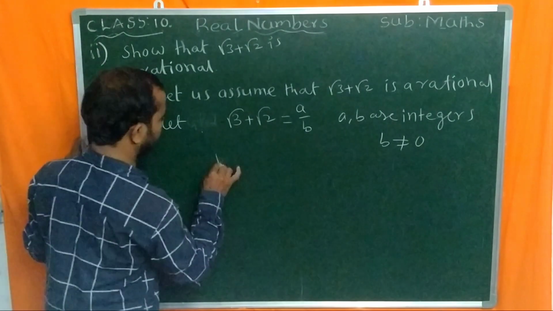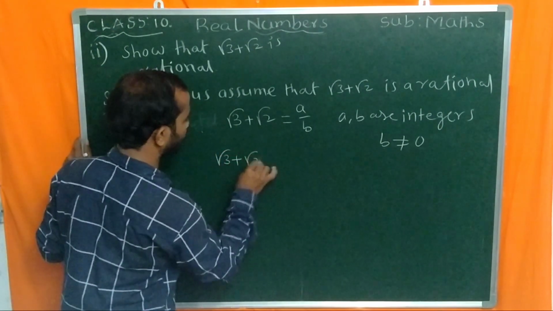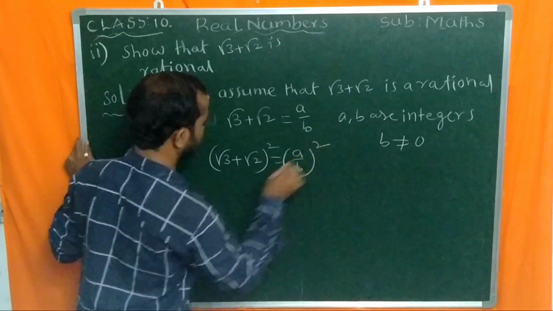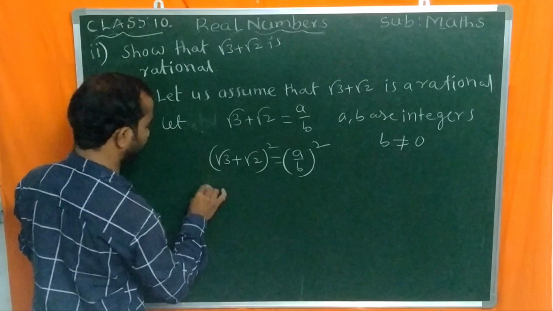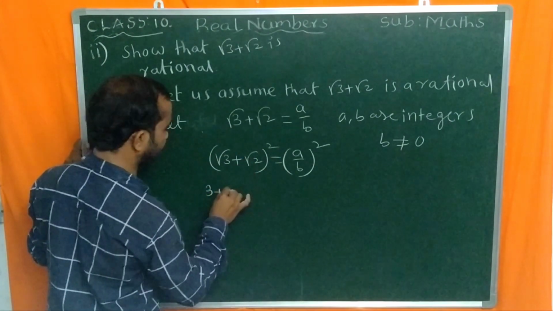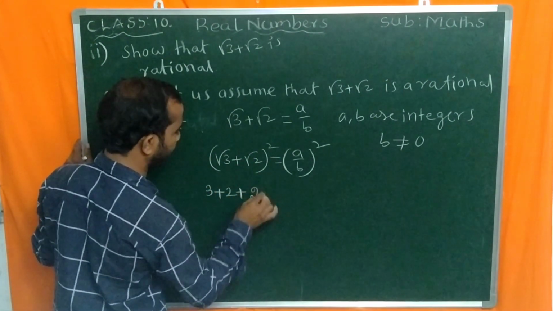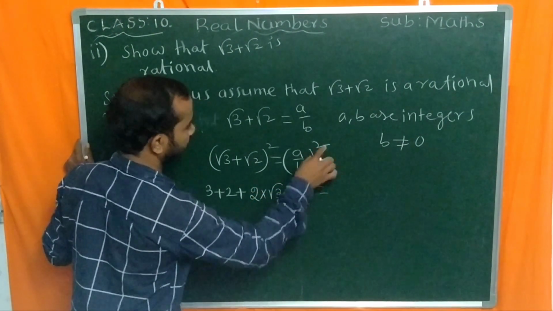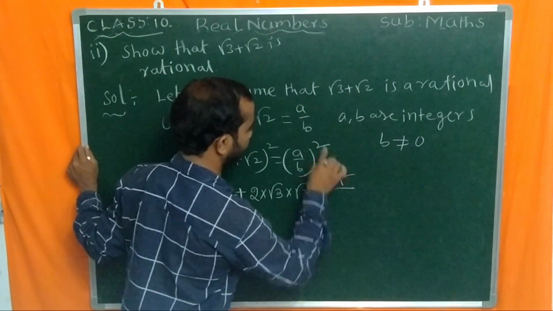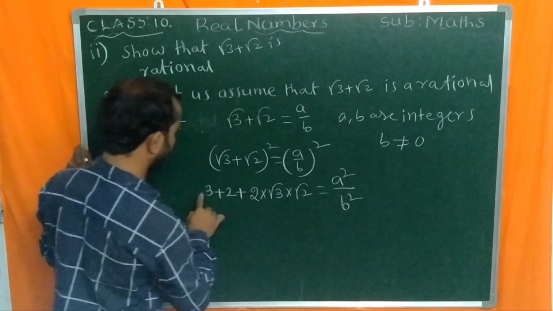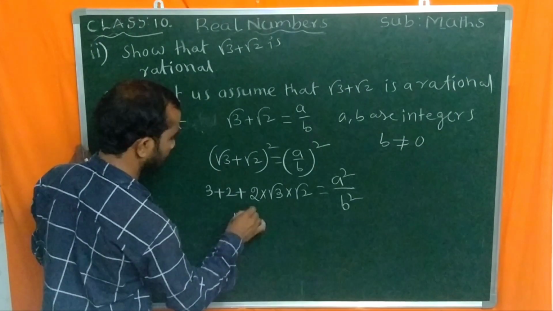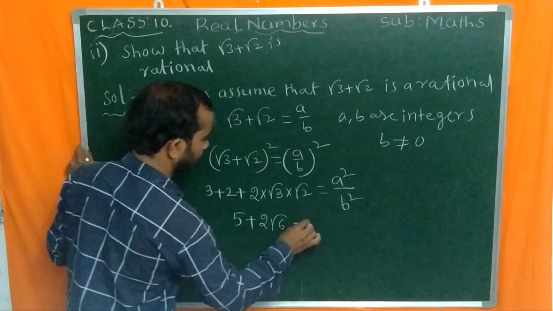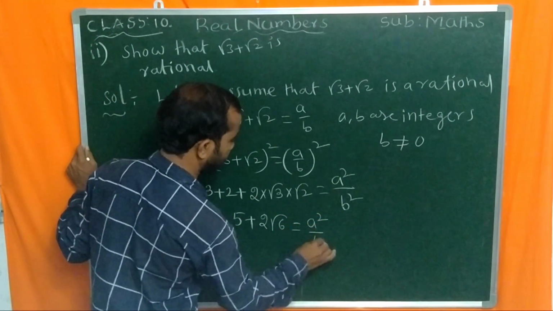Squaring on both sides. Root 3 plus root 2 whole square equals a by b whole square. So root 3 square has value 3, root 2 square has value 2, next 2ab: 2 into root 3 into root 2, equals a square by b square. 3 plus 2 is 5, and 3 twos are 6, so 2 root 6 equals a square by b square.